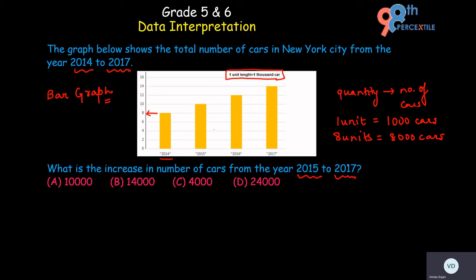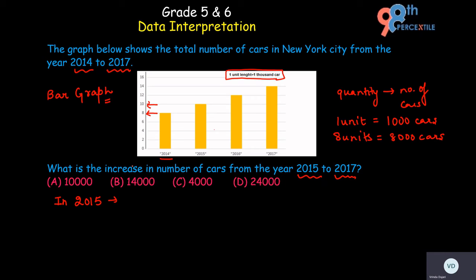Now in our question, we need to find out what is the increase in number of cars from the year 2015 to 2017. So first of all, we need to find out in the year 2015 how many cars were there. So what is the height of the bar for the year 2015? 10 units.